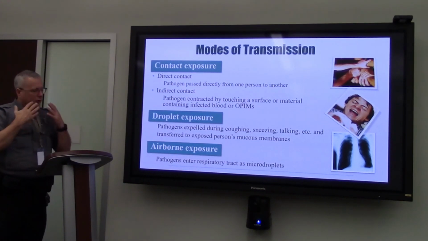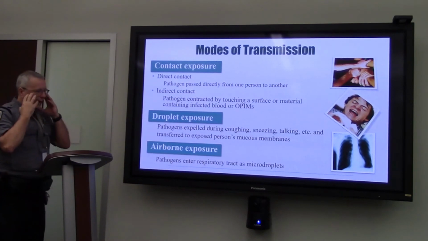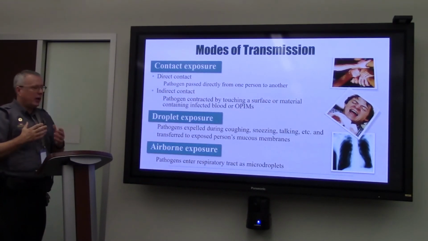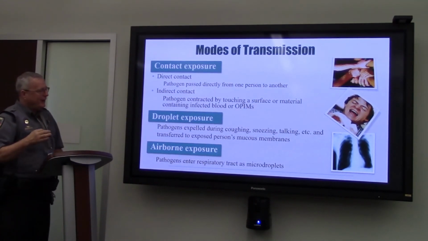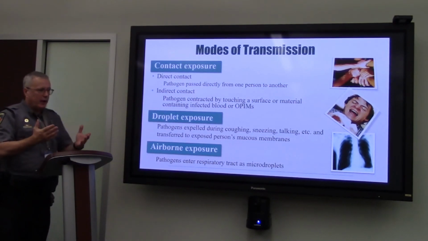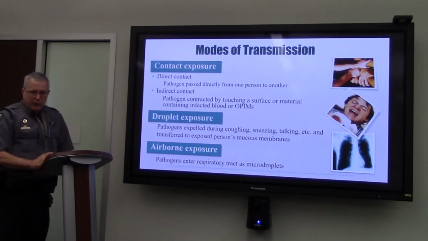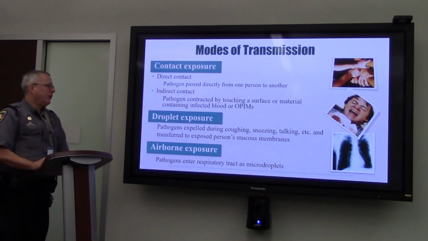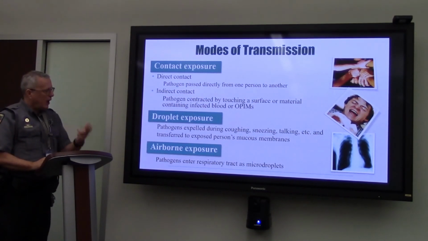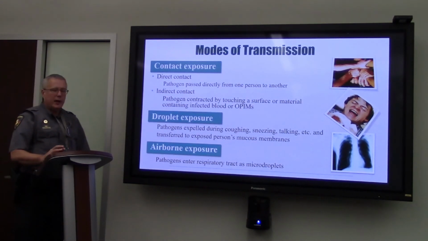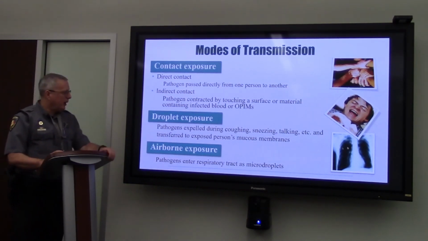Most of these masks, a cloth mask, a surgical mask, those are designed to keep the virus in your face so that you don't spread it to somebody else. The N95 masks are designed to protect you from the virus coming into you. So if you're going into a high-risk environment, nursing homes, hospitals, any type of healthcare facility, get an N95 mask, wear it for the entire time you're in that facility.